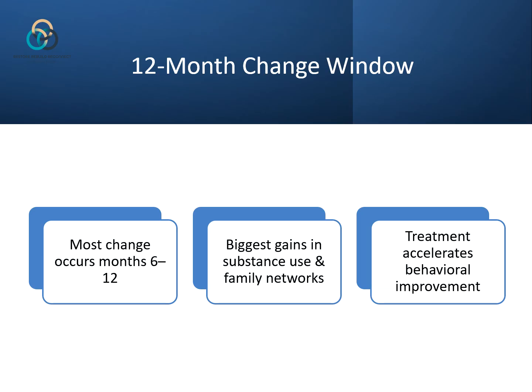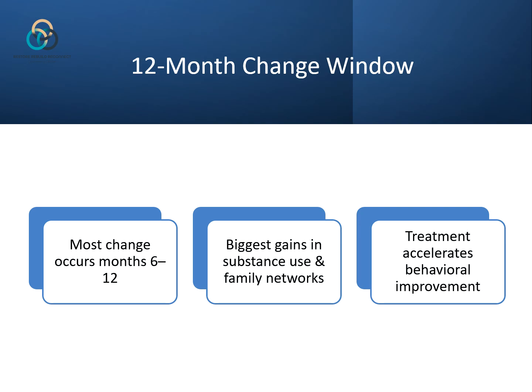So research has shown us that significant changes in the criminogenic needs can occur within a 12-month period, with more change occurring between the sixth and 12th month period.